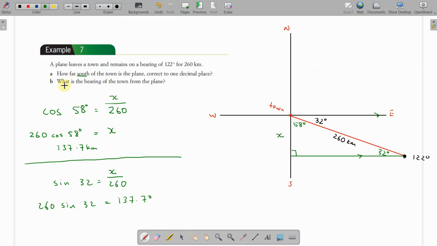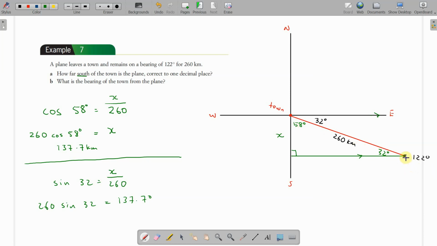Okay, part B: the bearing of the town from the plane. A couple of ways we can do this. The first way is a bit tricky and you've got to be careful with it, because sometimes you get confused. The bearing going this way is 122. Basically, we do a 180 and go back the other way, so we add 180 to that, because you could turn around and go back.